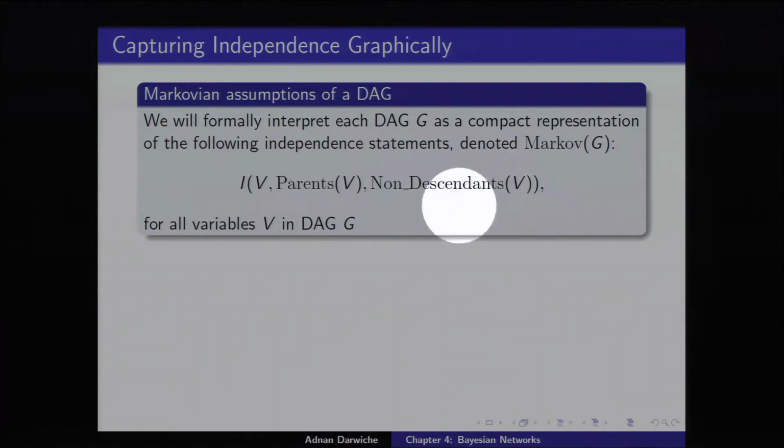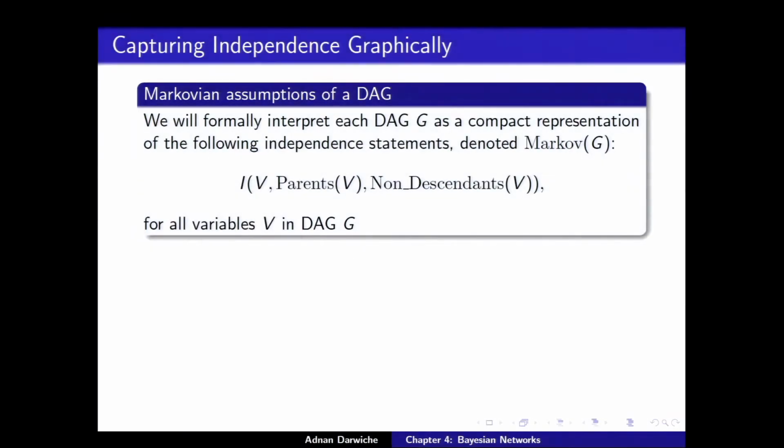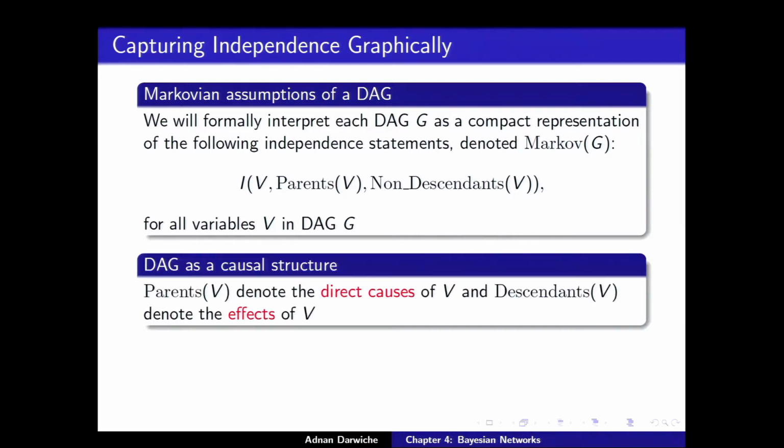And this applies for every node V in the DAG. This is the set of independence assumptions. So if you have a DAG that has 5 nodes, then you have 5 of these statements. And this set of independence statements, we call the Markovian assumptions of the DAG G. We're going to take a concrete example in just a little bit, but that's basically what's going on. And if the DAG has a causal interpretation, then you can think of the parents as the direct causes of V, and the descendants as the effects of V.